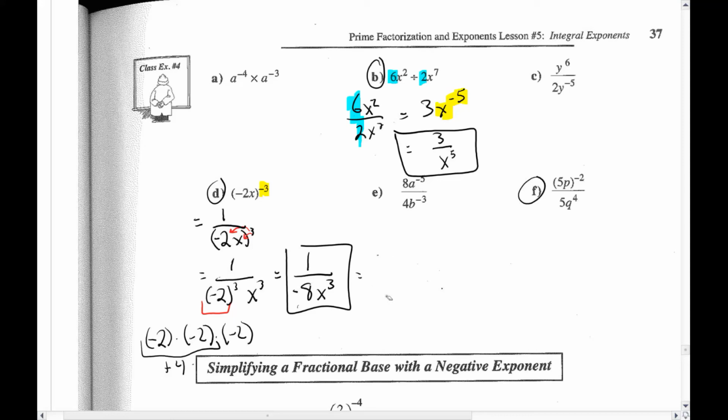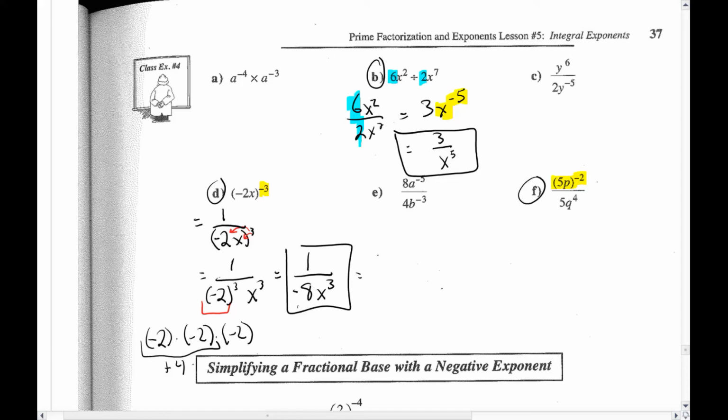All right, I've been talking lots, so hopefully you guys are learning lots. That's the goal. So we have the last question in this section here, 5p all to the power of negative 2 divided by 5q to the power of 4. And you can see right away that we have a negative exponent. So that means this entire term is unhappy.